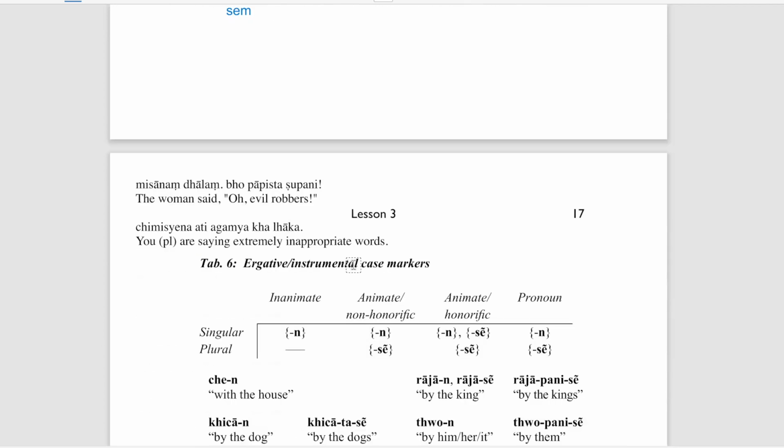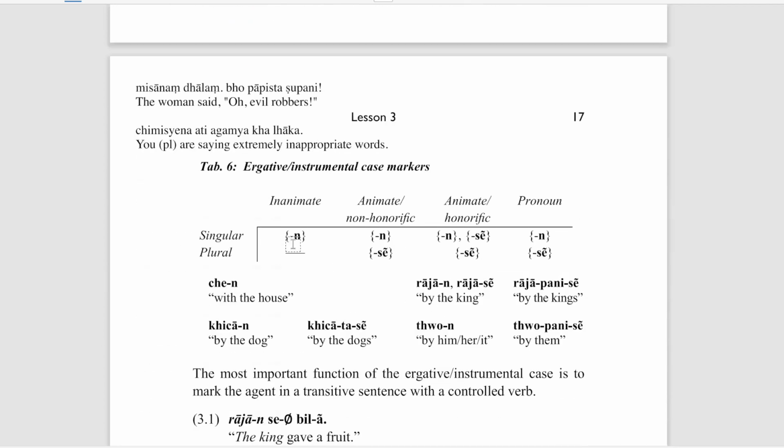Let's see first the author's examples. For the singular it's the na ending, and for the plurals it's always sen, and for the animate honorific it is also sen. So you can consider the singular honorific the same as the plural.